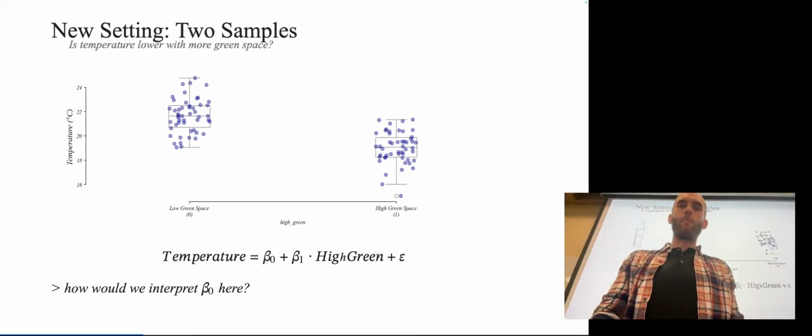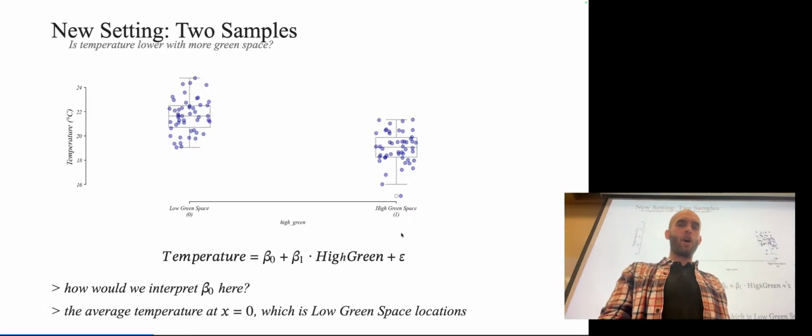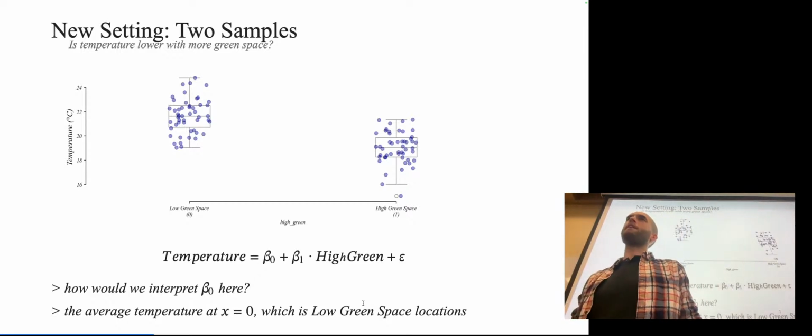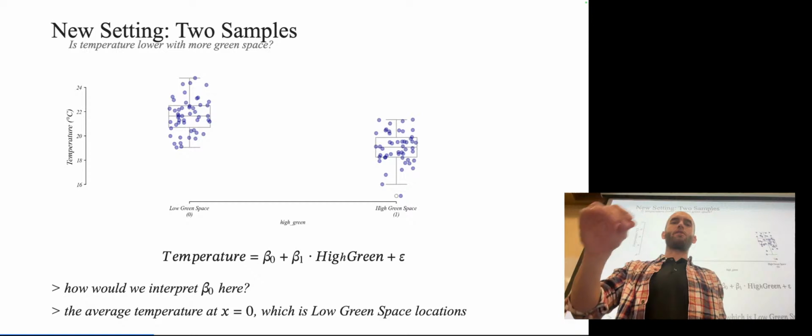So when we build a model like this, we can interpret our beta 0 as the average temperature at x is equal to 0, which is the low green space locations. So beta 0 represents the average temperature in low green space locations.